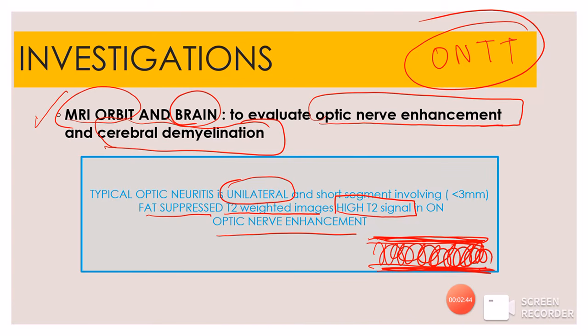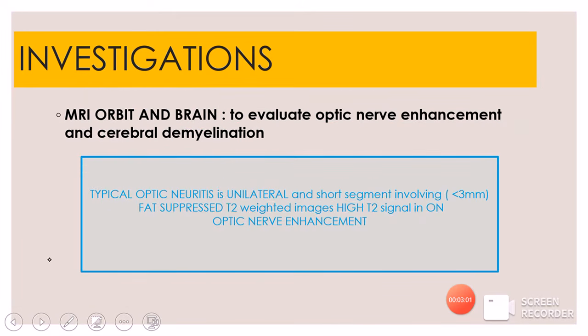However, when we talk about MRI brain, it's a totally different thing. One more thing about MRI orbit: the involvement of the optic nerve will usually be short segment in typical optic neuritis. Short segment involvement means less than 3 millimeters of the optic nerve.